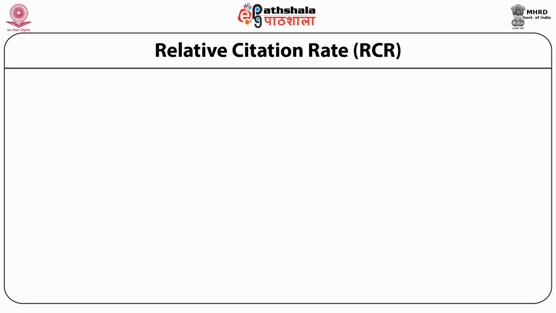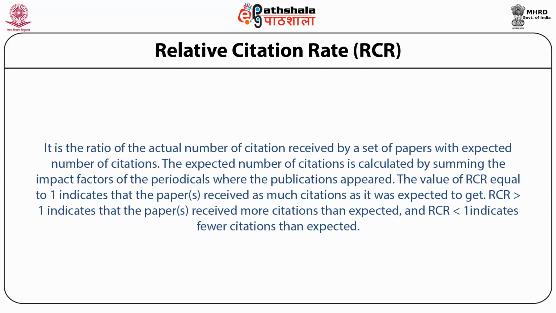Relative citation rate. This relative citation rate was suggested by Schubert and Braun in one of their studies. It is defined as the ratio of the actual number of citations received by a set of papers to the expected number of citations.